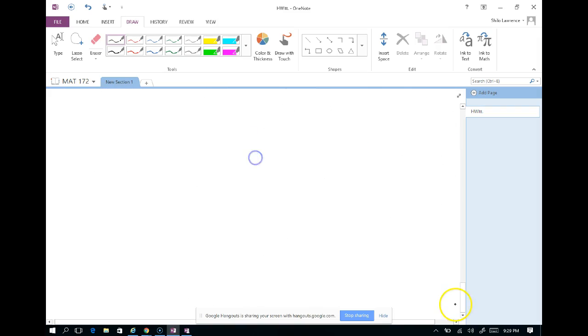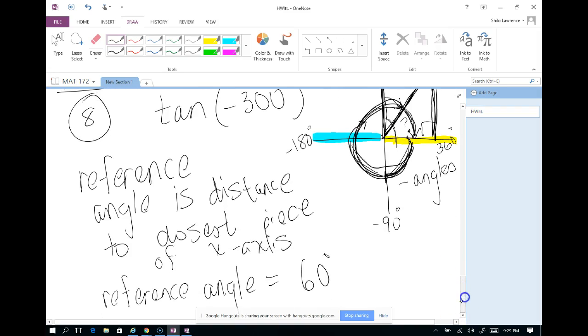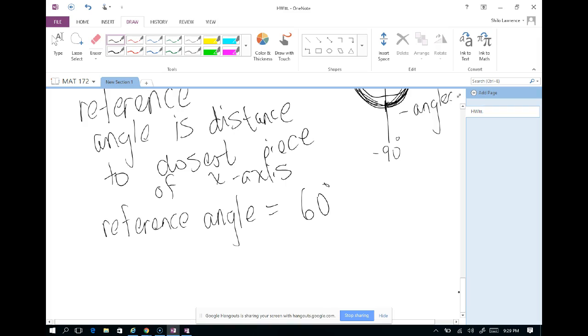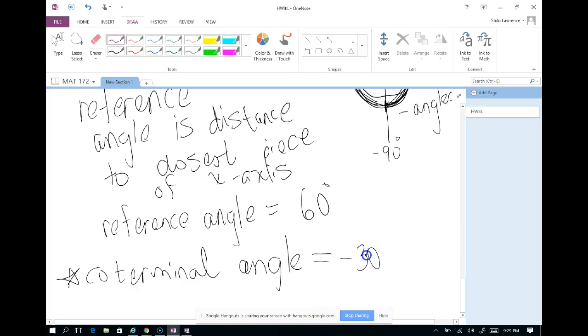The other way to do this is first by making your angle positive, by finding a coterminal angle. It will be easier to identify what quadrant your angle is in if it's between 0 and 360. So the other way to do this, where you just memorize a bunch of steps and a bunch of formulas, but it doesn't really give you an explanation as to why, is you take your angle, and because it's negative, we're going to add 360 to it.